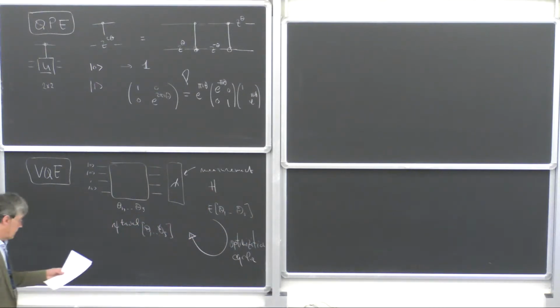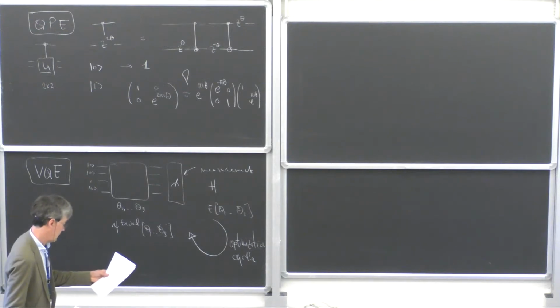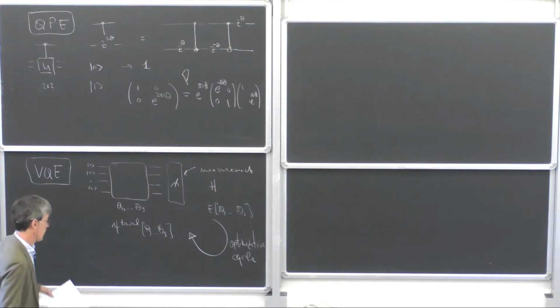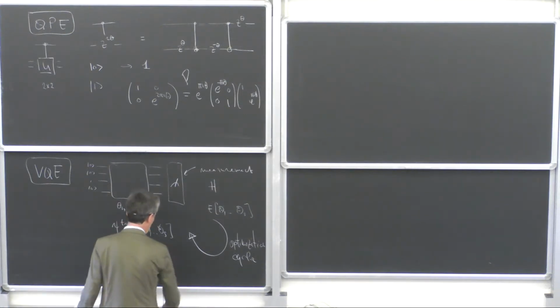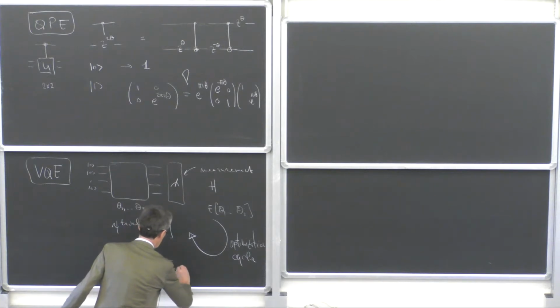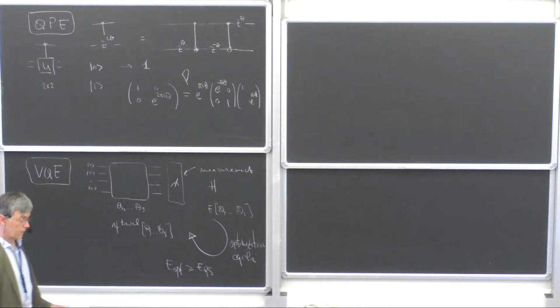Okay, so when you're done, there is this optimal energy, which is an upper limit. The E that comes out, E opt, say, is an upper bound to your ground state energy by general principles.